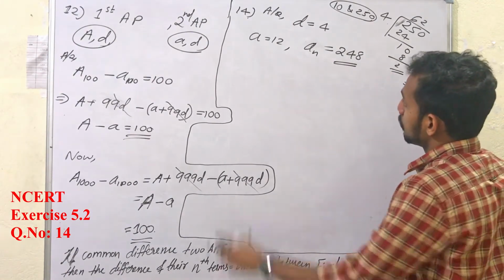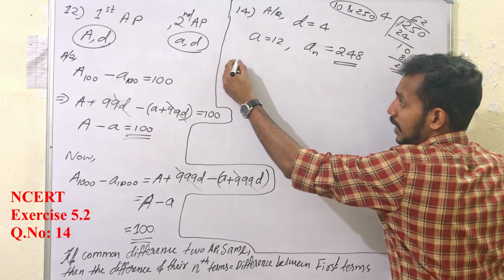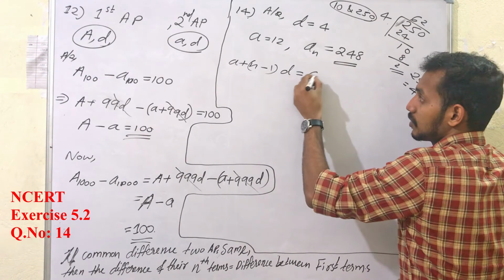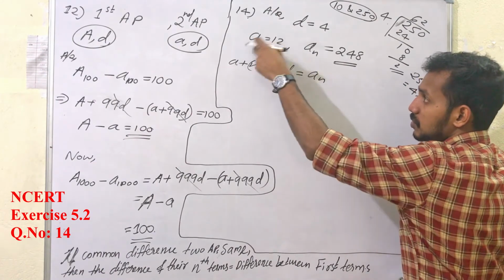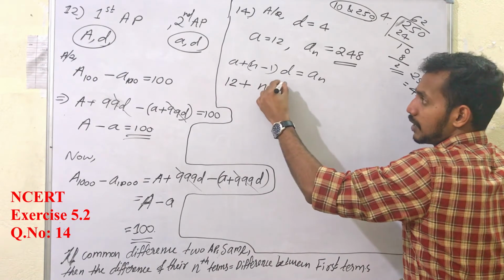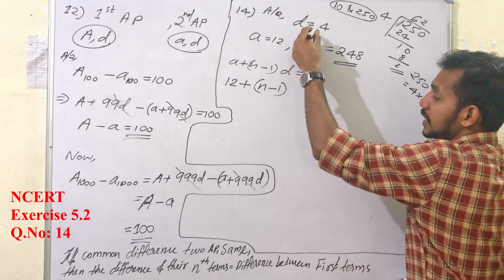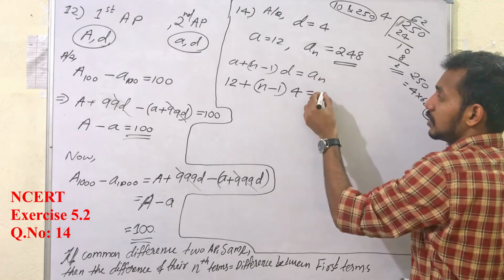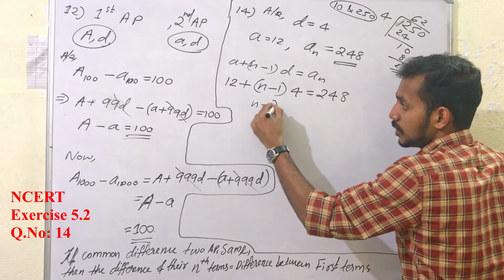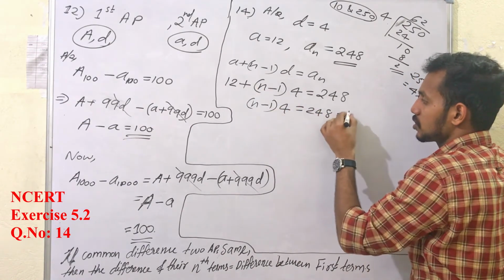Then we can use the formula: a plus (n minus 1) into d is equal to the last term. Just substitute those values here. A equal to 12 plus (n minus 1), where n is what we have to find, that is how many multiples, into d, where d equal to 4, which is equal to 248. Then (n minus 1) into 4 is equal to 248 minus 12.